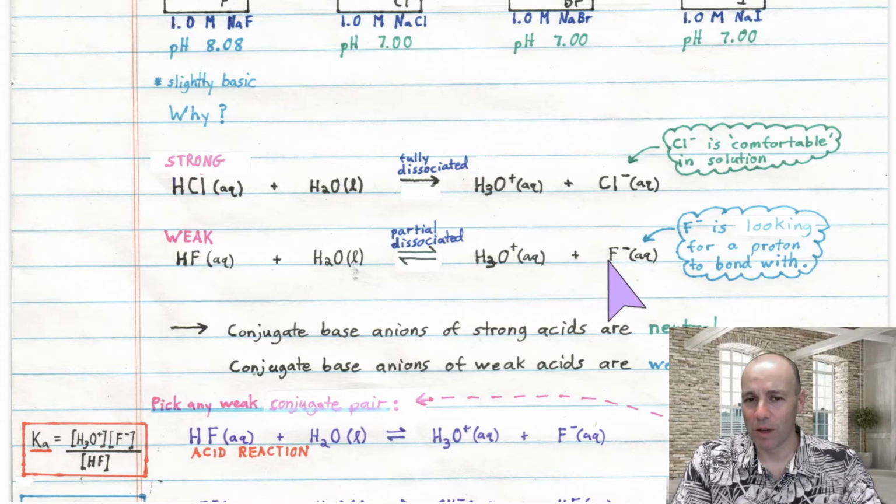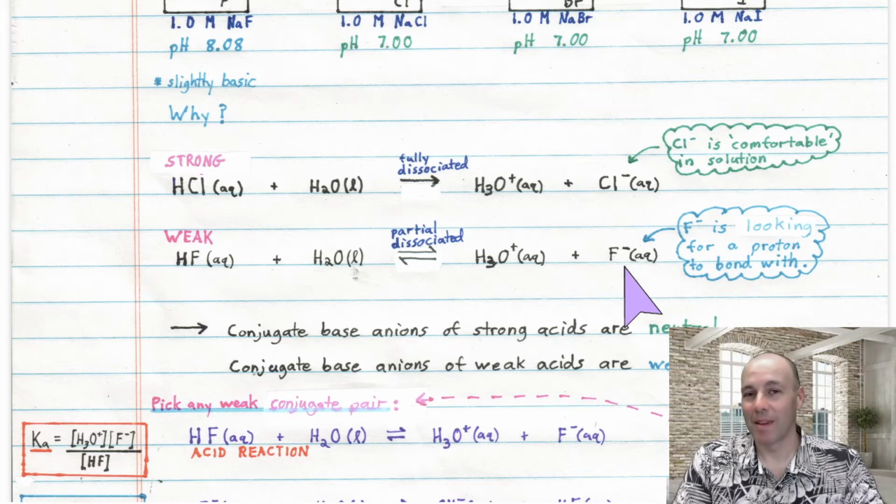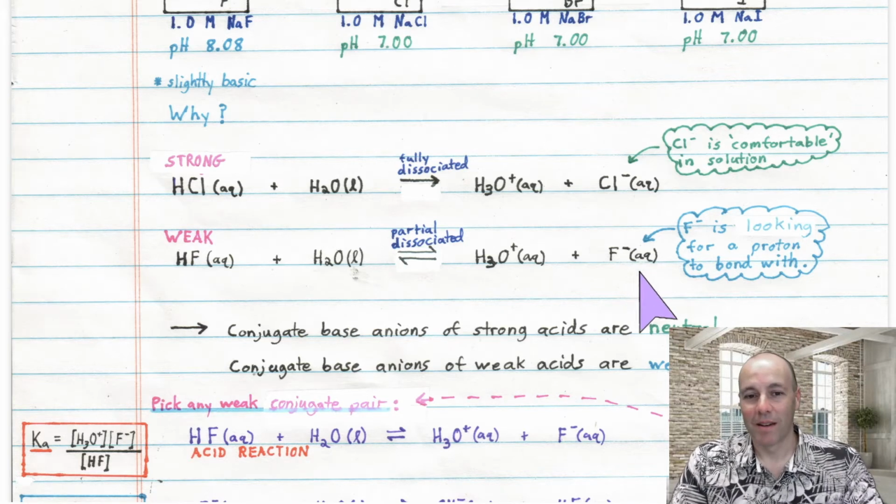And so you could think of this fluoride as looking around for a proton to combine with to reform the acid. So this is not so comfortable in solution. It's looking to bond with a proton, or you could say it's looking to accept a proton. And we know that substances that accept protons in solution are basic.